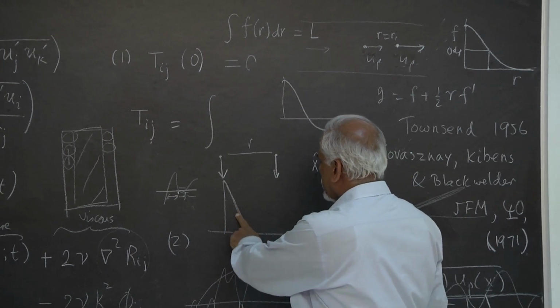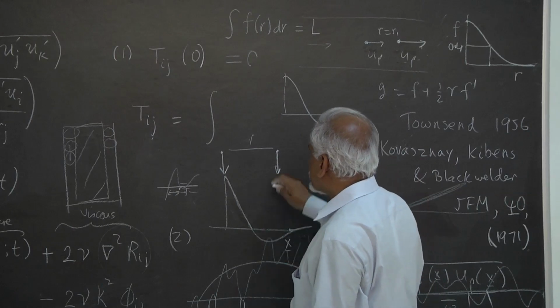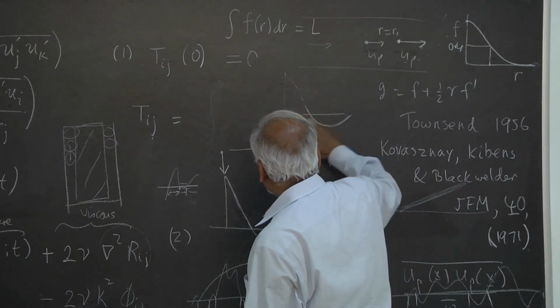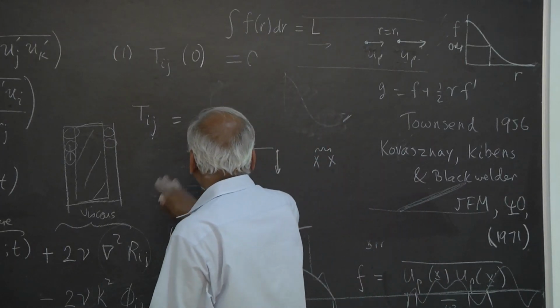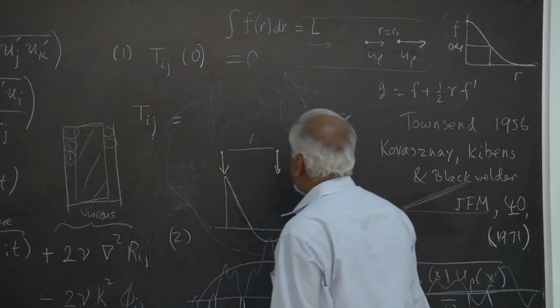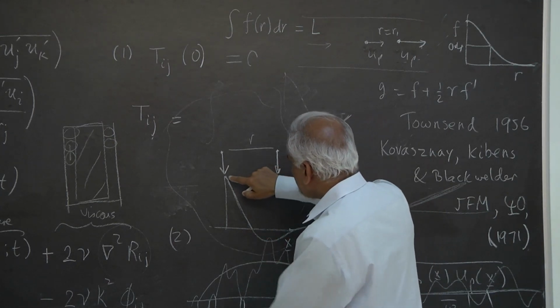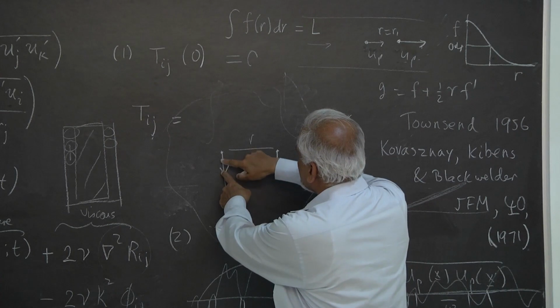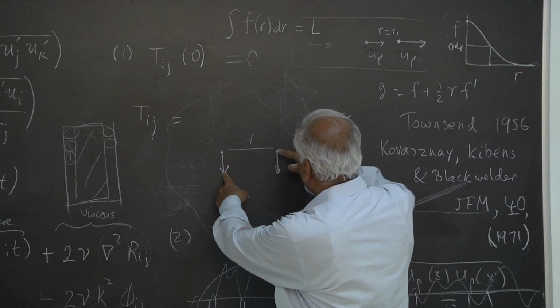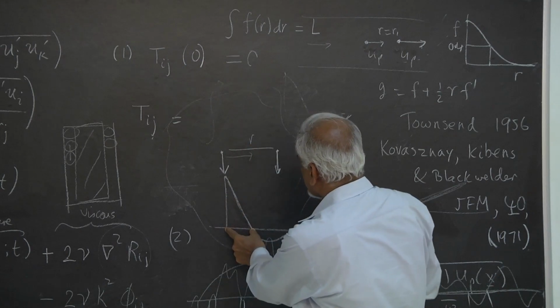So here you see what will happen. Let's put it this way. I have a medium like this, and the velocity is doing one thing here, and it is doing the same thing up to a certain distance, right?